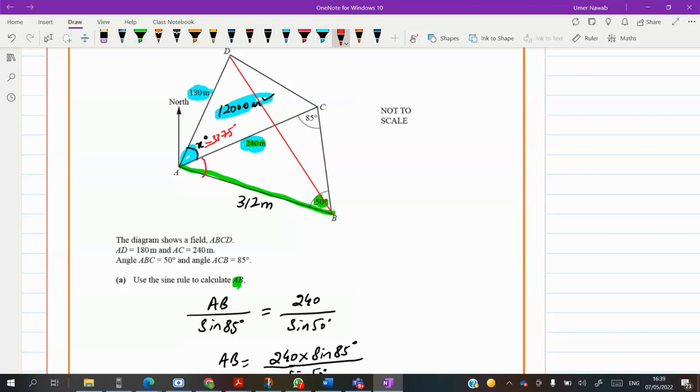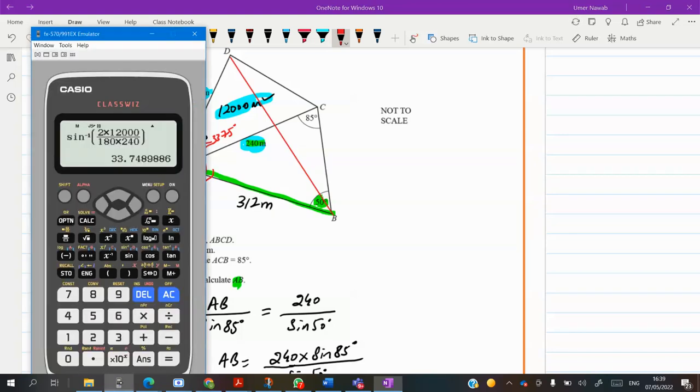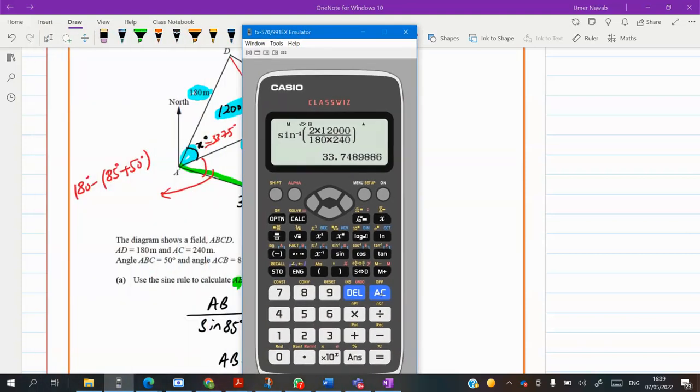Can we get this angle by using the angle sum of a triangle? 180 minus 85 plus 50 gives you 45.